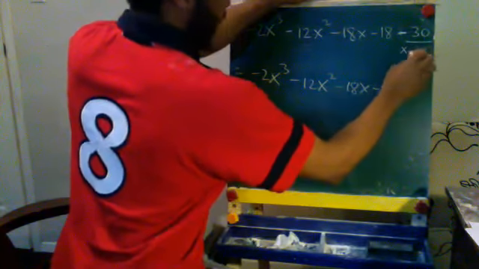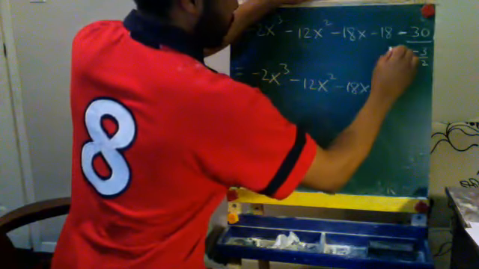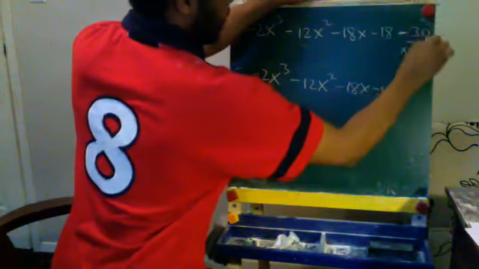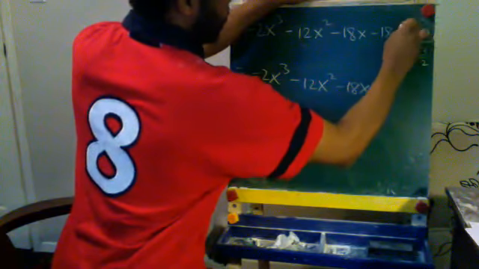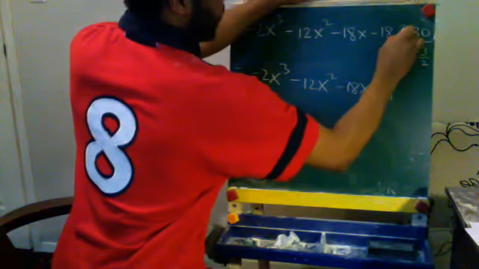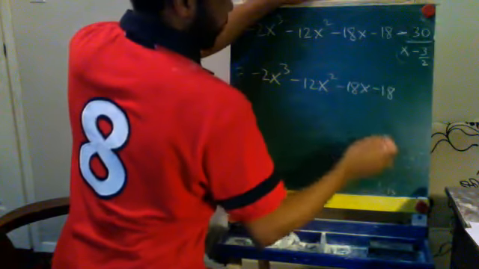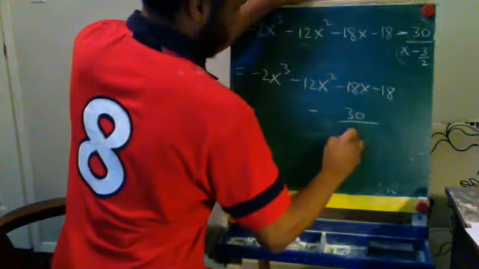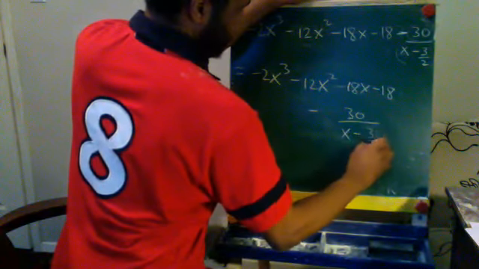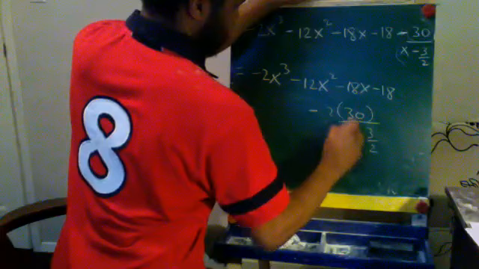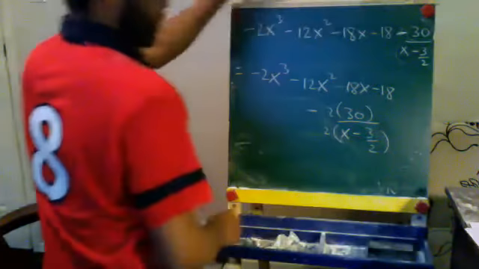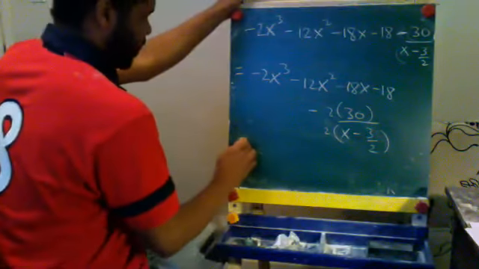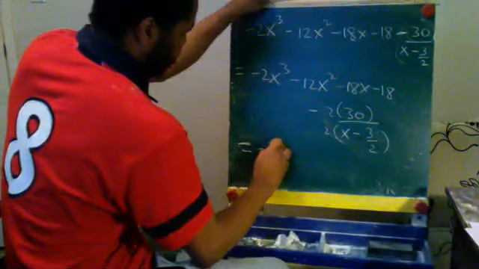Now here I can multiply this by 2, and obviously I would need to multiply that by 2 also, right? So let me just say what I'm saying. I have negative 30 over x minus 3 over 2. I need to multiply this by 2 and this by 2. It's simple, that's the easy part.